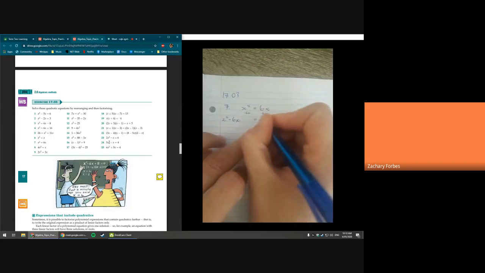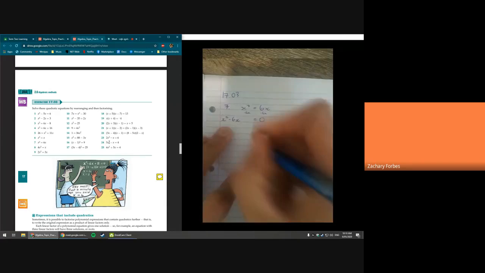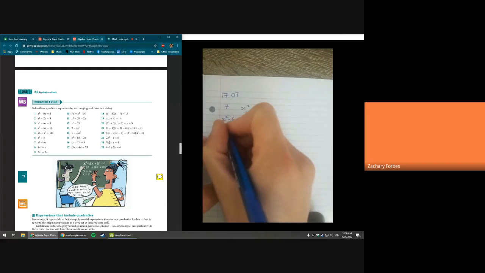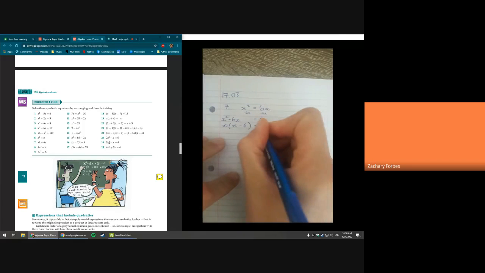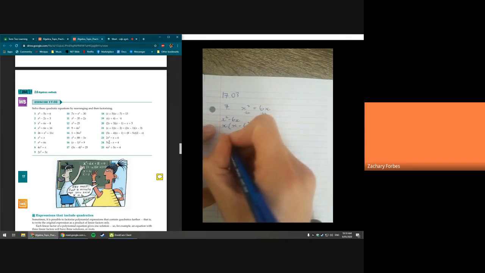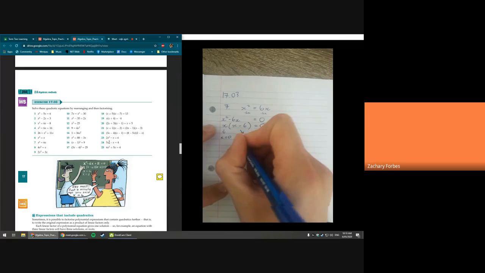Because we don't have a c, we can just factor out an x, which makes these ones quite easy. So we just factor out an x minus 6. And then from there, really easy to solve. You get x equals 0. And then this one, you get x minus 6 equals 0, x equals 6. That one looks smaller to me, x1, that one's x2.